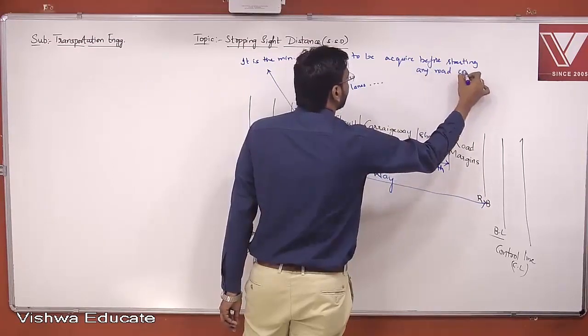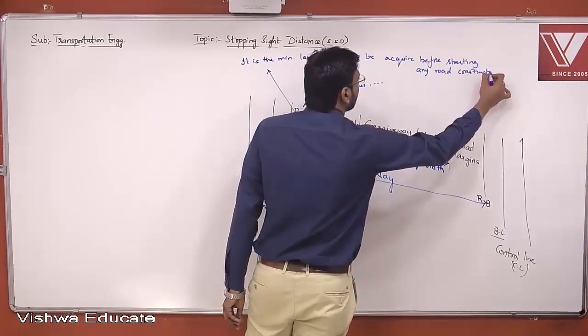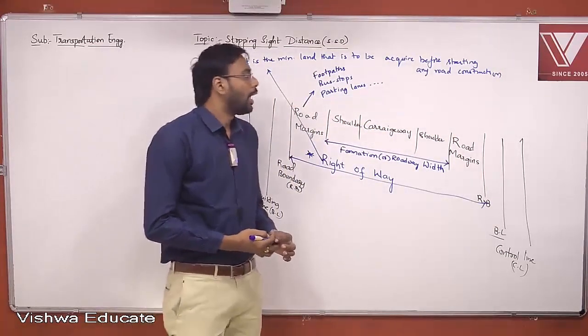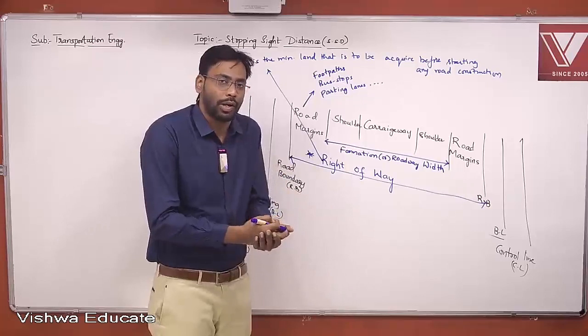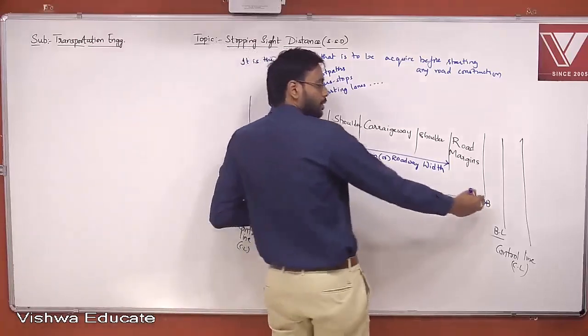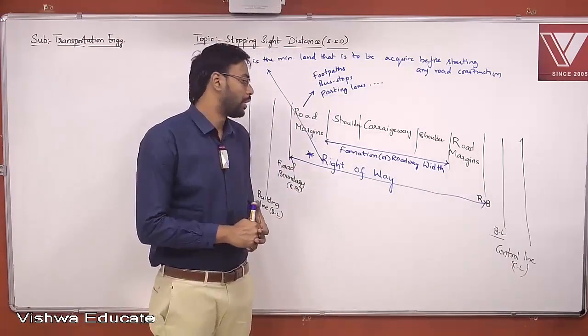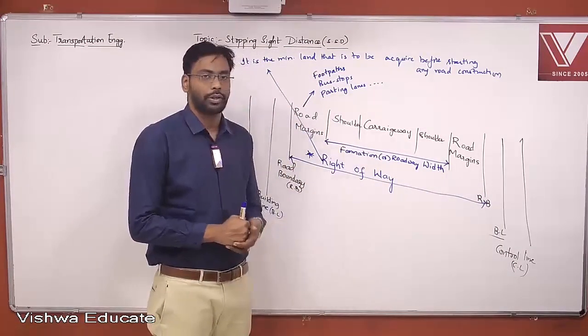So if you want to do any road construction, the first thing is to go for land acquisition, and how much land is to be acquired is minimum this much. So the minimum land that is to be acquired for doing any road construction is right of way.